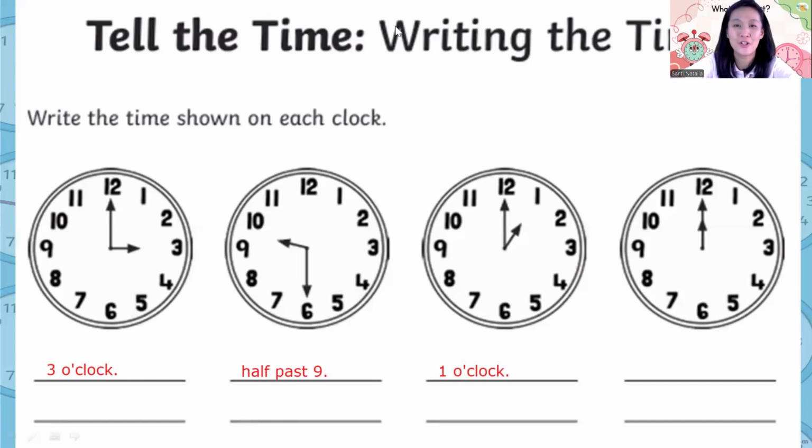Okay, and next, children, what time is it? The short hand is pointing 12 and the long hand as well. So it's 12 o'clock. That's good. If you're done, let's move to another question.